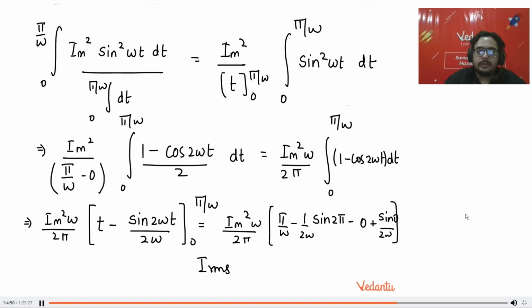This is coming out to be how much? This is coming out to be Im square by 2. The result is Im square by 2. Now I need to calculate the root of this.